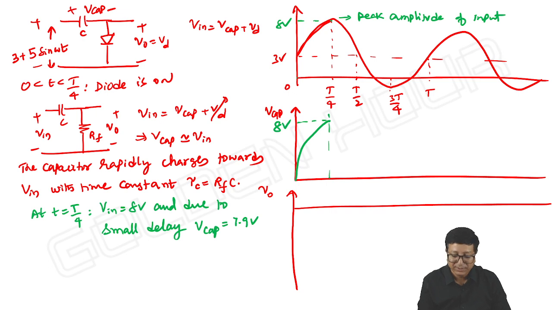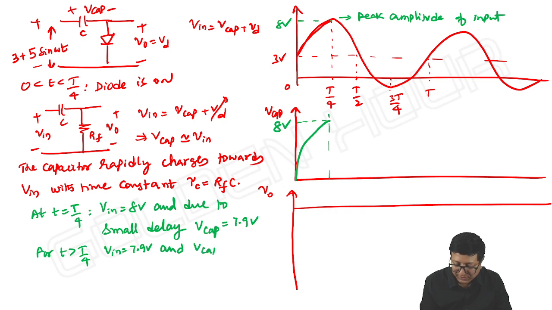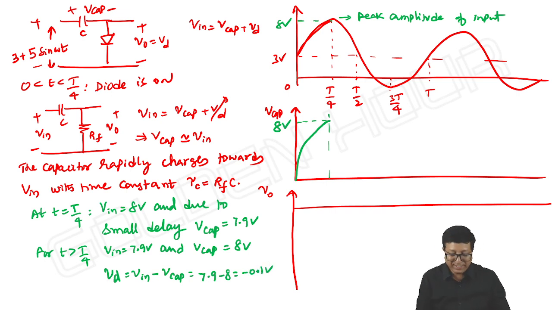So for t greater than T by 4, the input is falling below its peak amplitude, say V input is 7.9 volts, while the capacitor has reached the peak amplitude. Then Vd is equal to V in minus V capacitor, which is 7.9 minus 8, equal to minus 0.1 volt, negative. When Vd is negative, immediately the diode becomes off.